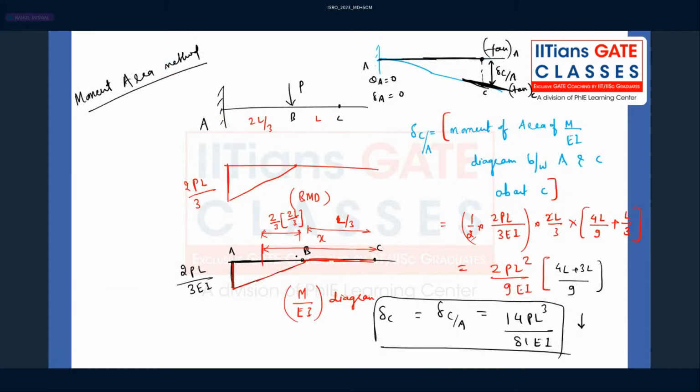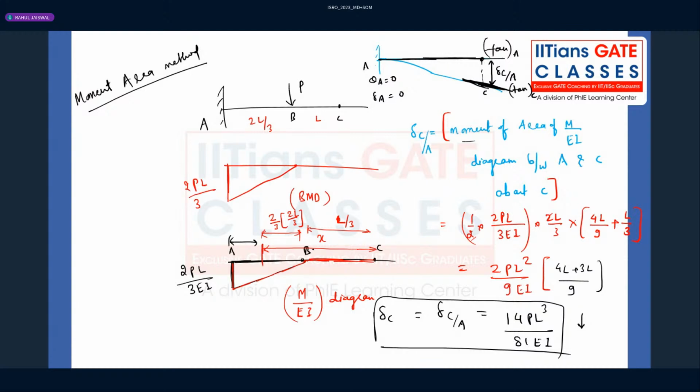The meaning of moment is that whatever area is there, that area times the centroid perpendicular distance. Because what is the moment? Force into perpendicular distance. Here you will be getting the force in the form of the area of the M by EI diagram. That will give you the value of force into distance. Distance from which point?